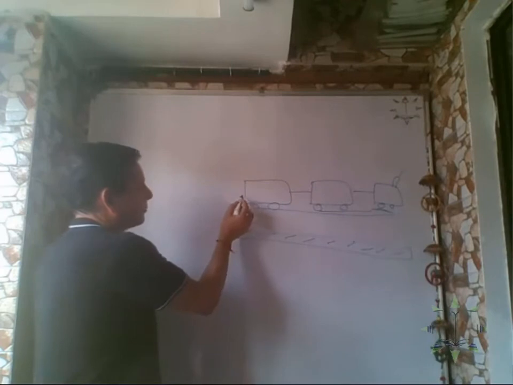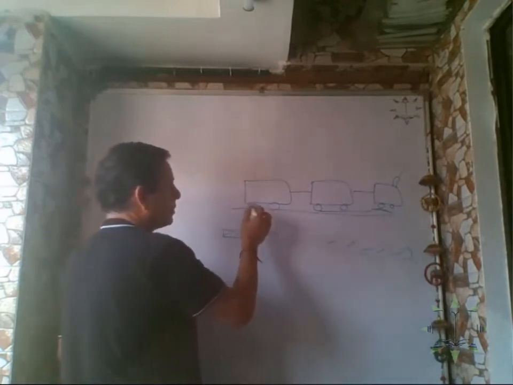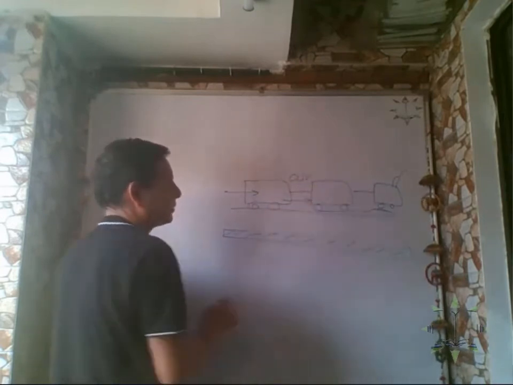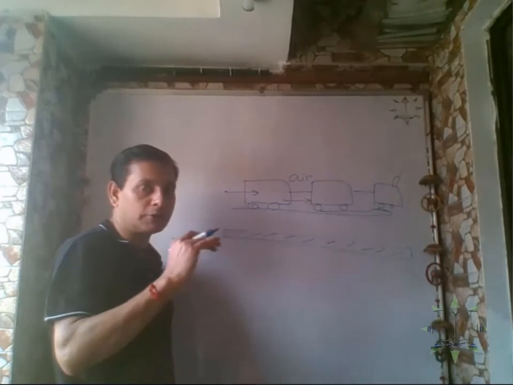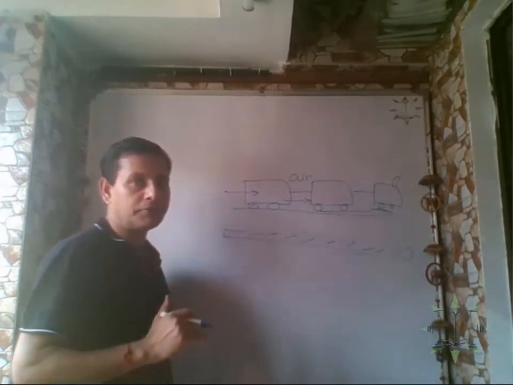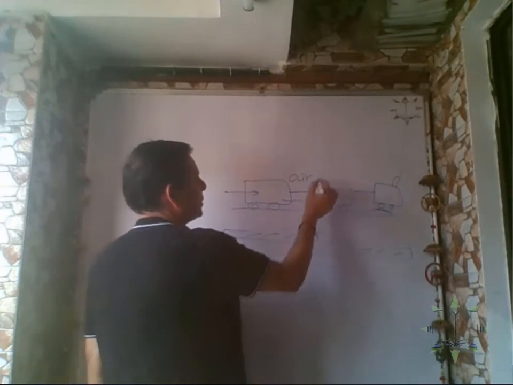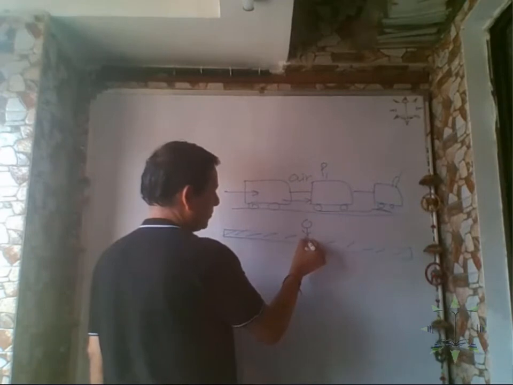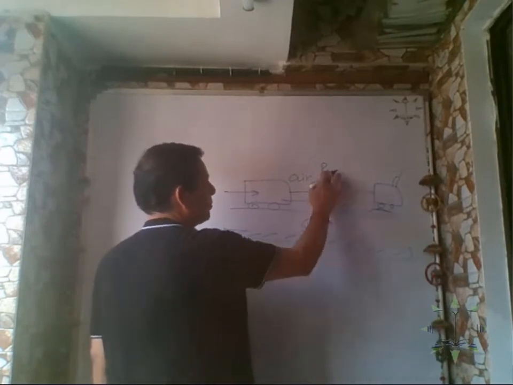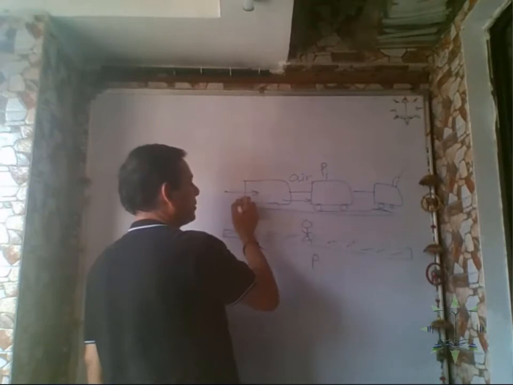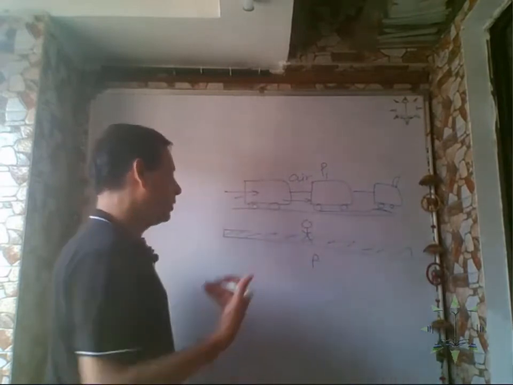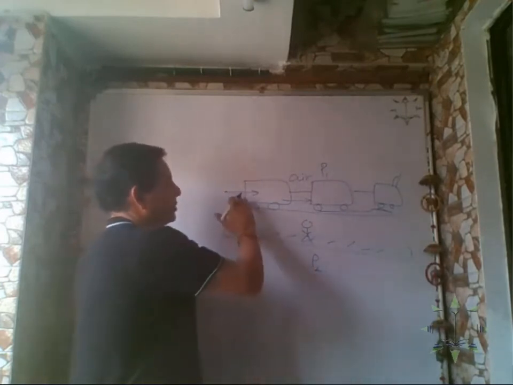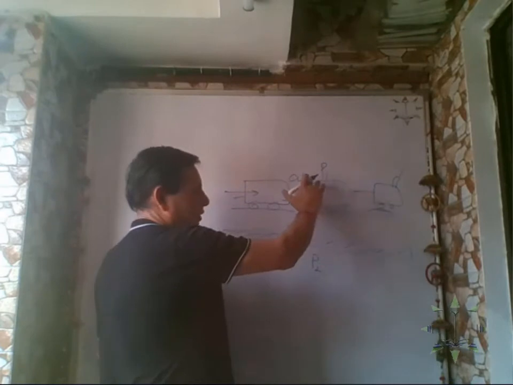When any passenger train or goods train comes, the air speed in this region is more. Air starts flowing with the velocity of this train, so the pressure decreases. Here pressure is less, and you are standing here. Initially the pressure at the railway track and behind you were the same, but now there is a pressure difference, because this air is flowing with higher speed, so there is a pressure drop.